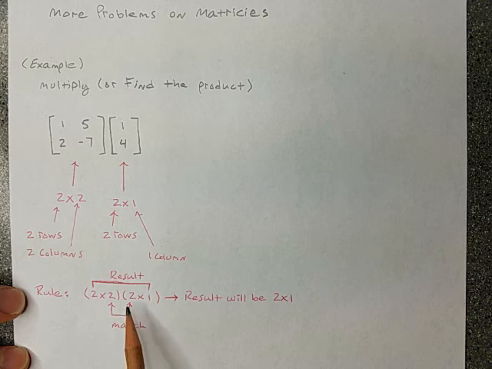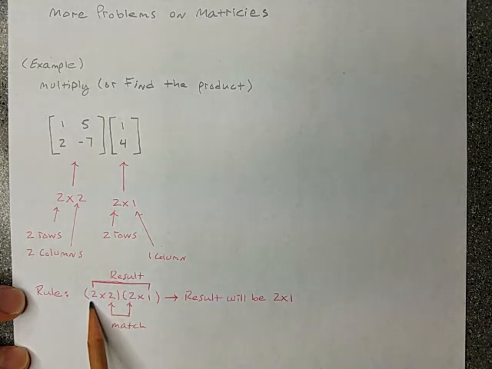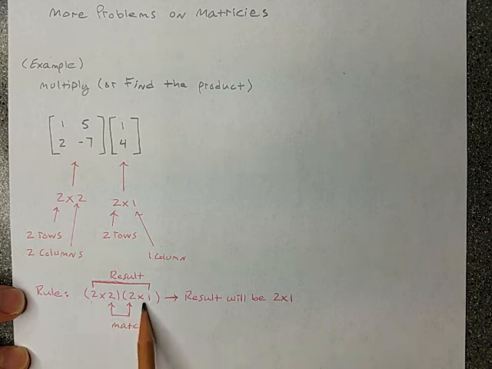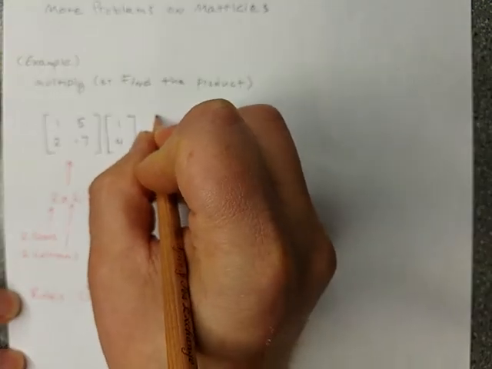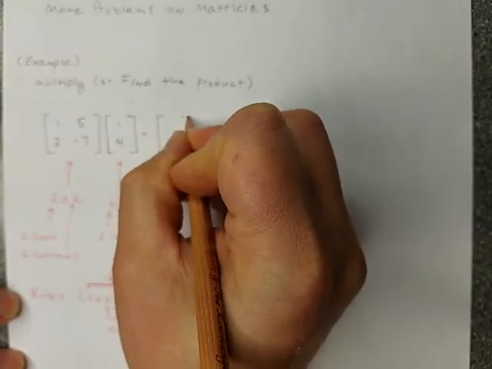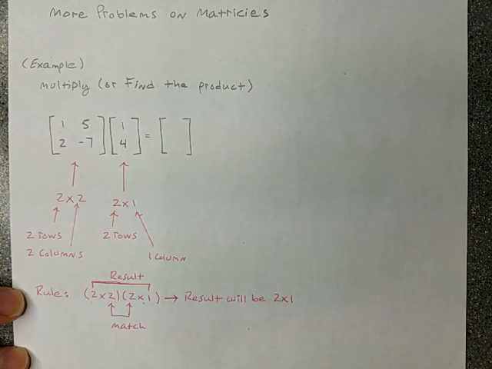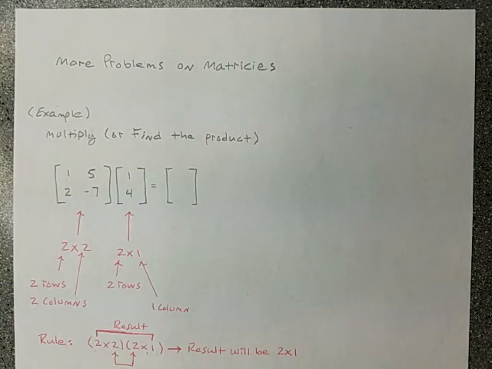And if they do match, then the result is going to be this by this. So the result's going to be 2 by 1. When I multiply these together, I'm going to get a matrix that's 2 rows and 1 column. So in other words, it's going to look like that.